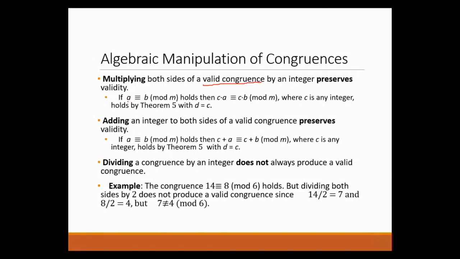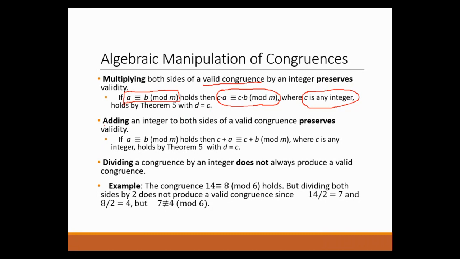So if we have a congruence, a is congruent to b mod m, and if we multiply it with an integer c on both sides, then c times a will be congruent to c times b mod m. That's one property. That is, if we multiply by an integer on both sides, the congruence will still be valid.